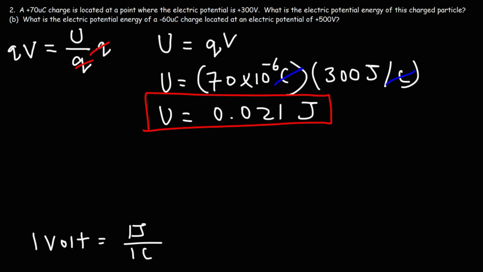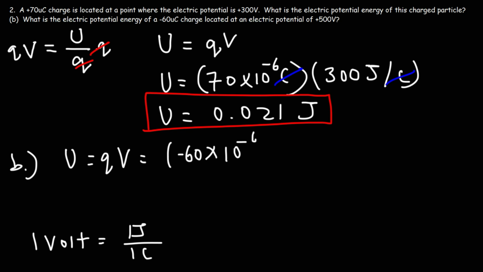Now let's use the same formula for part B. So it's going to be U is equal to QV, and this time we have a negative 60 microcoulomb charge. So since electric potential energy can be positive or negative, we're going to plug in negative 60 times 10 to the minus 6.